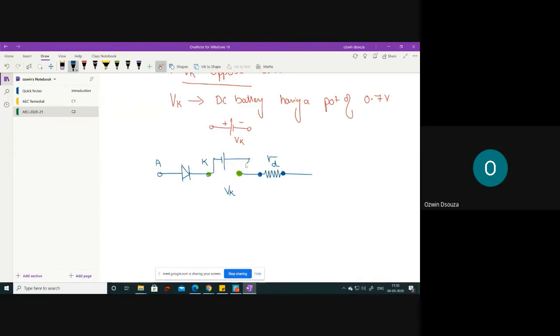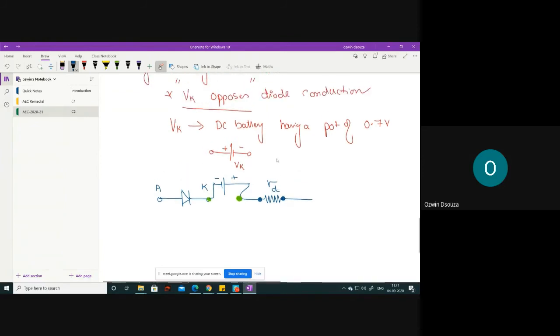So you are saying this way, right? Are there any other answers? So negative terminal of the battery is connected to cathode, and positive terminal is connected to the second element, that is RD. Is it correct? Or do you have any other proposals?